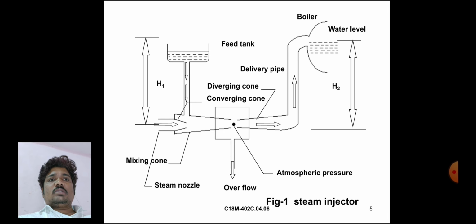At the inlet position the water level is H1 with enthalpy H1. The water exits, feeding to the boiler, at water level H2 with enthalpy H2. These components work in different positions in the steam injector.